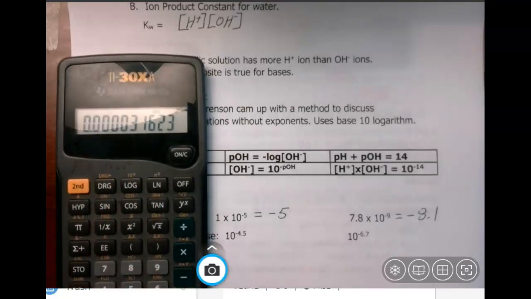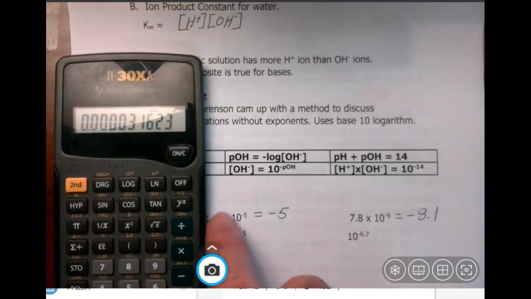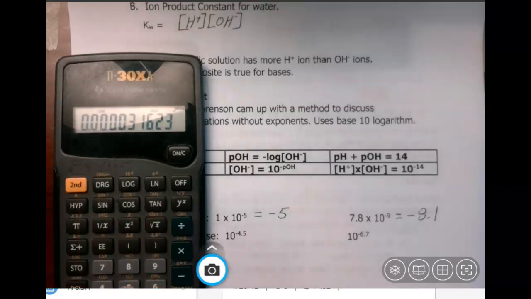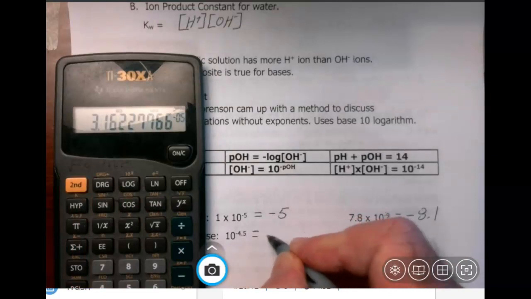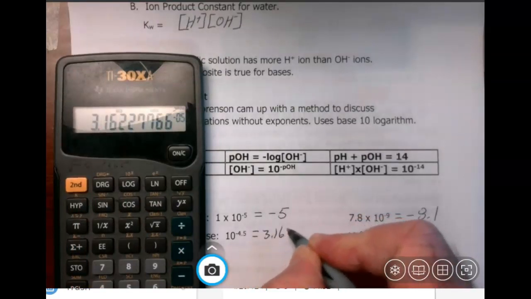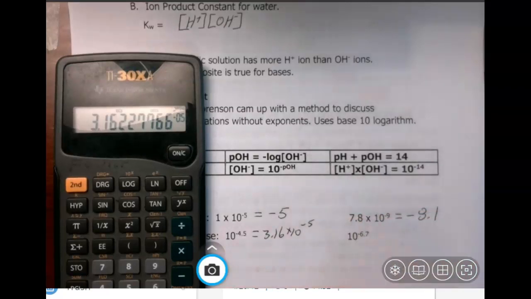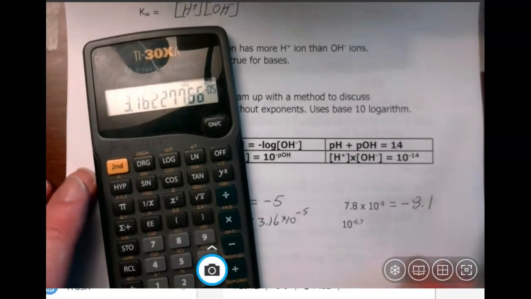You will always get a real small number when you're taking something to a negative power. So if you don't like zeros, put it in scientific notation. In my calculator, that's 3.16 times 10 to the minus 5. And you might pause the tape here and make sure you can get with your calculator the same number I got. So let's try another one.